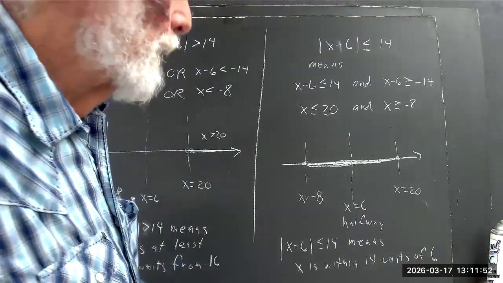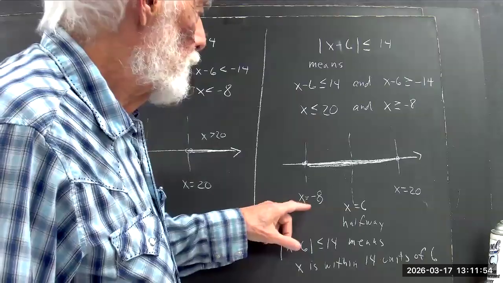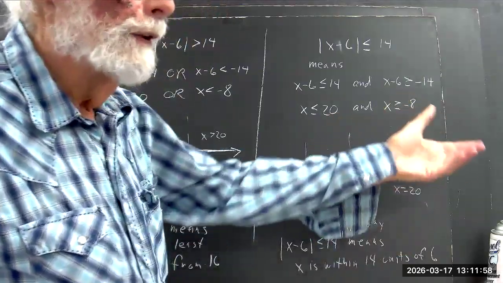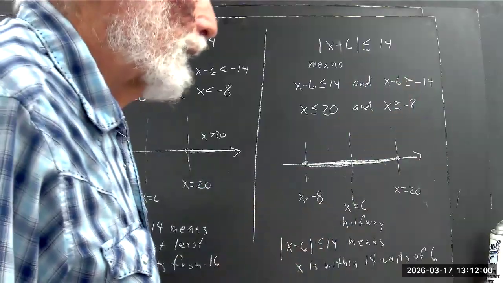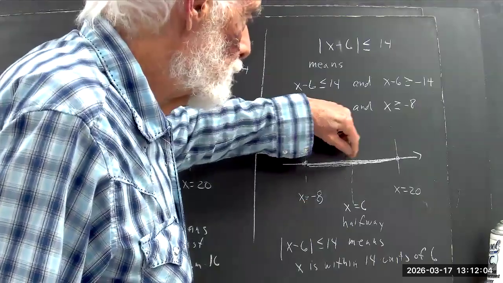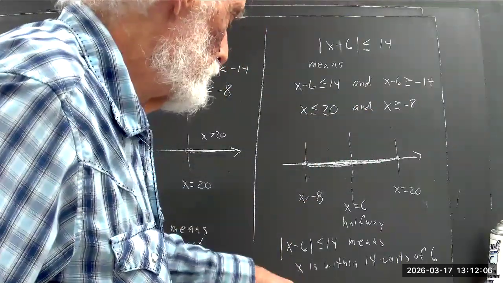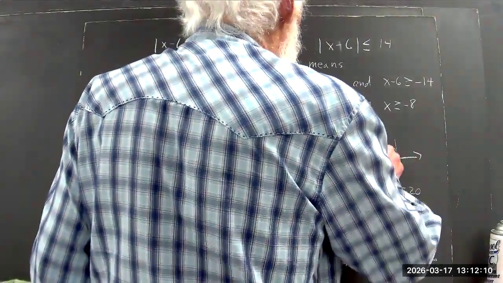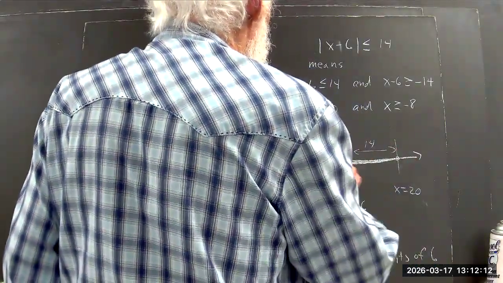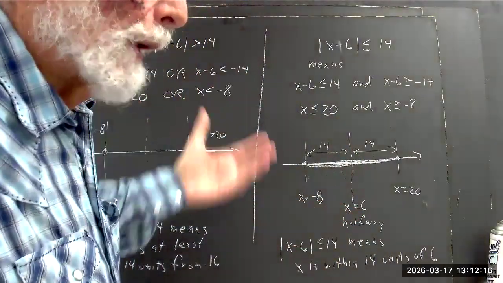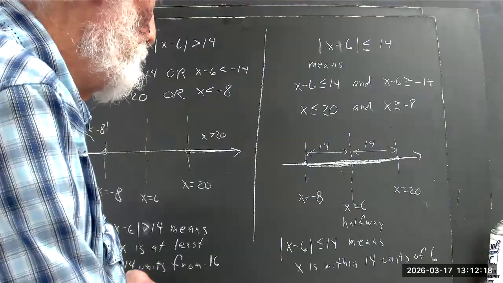Let's see a little bit more about what this means. What's halfway between -8 and 20? Well, you can add -8 to 20, you get 12. Take half of that, you get 6. How far is it from 6 to 20? 14 units, isn't it? And from 6 to -8, that's 14 units.